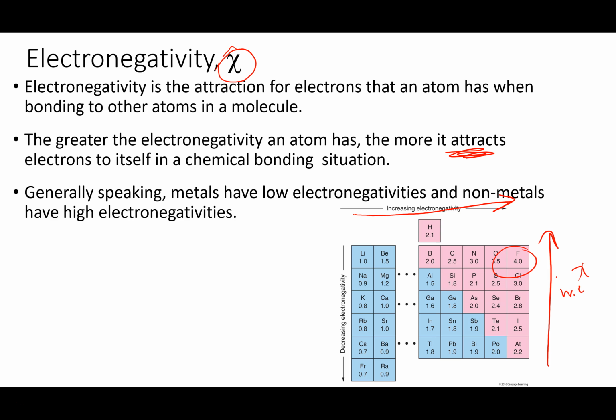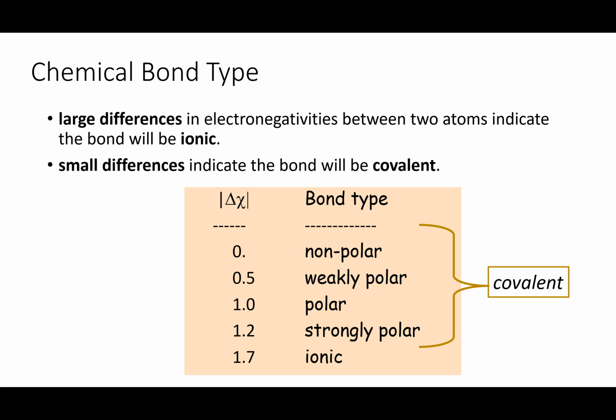If electrons are shared, which is a type of covalent or molecular bond, but they aren't shared equally, so you have something partially negative and something partially positive, shared unequally, that makes the bond polar.